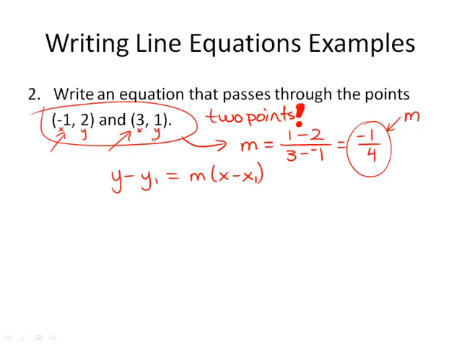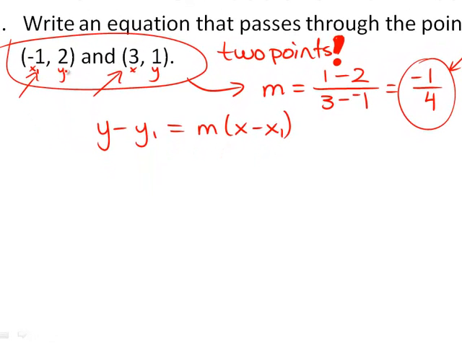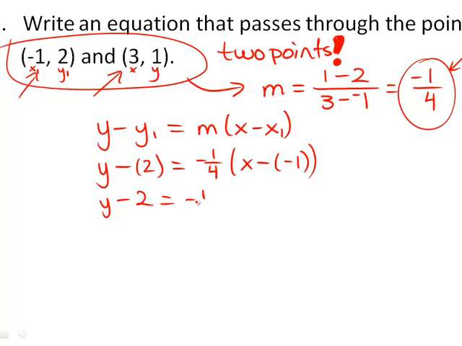In this case, I am going to choose my x1 to be -1 and my y1 to be 2. So y minus y1 equals -1/4, which is the slope, times x minus x1. This gives me y minus 2 equals -1/4 times x plus 1.